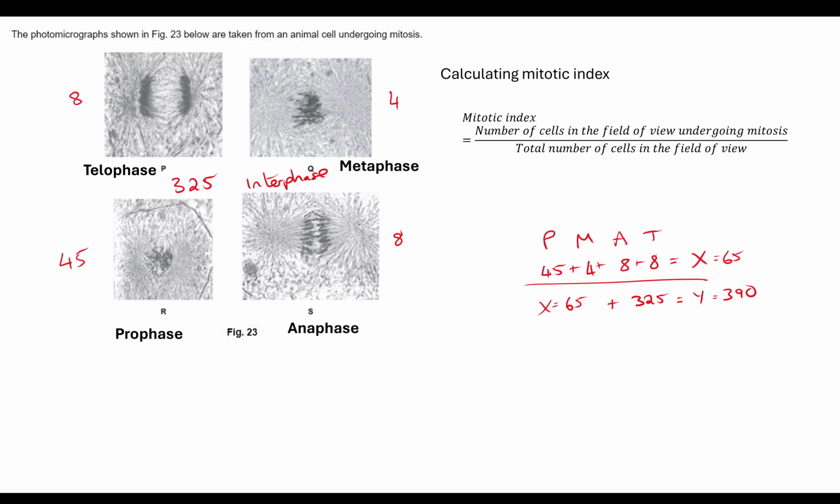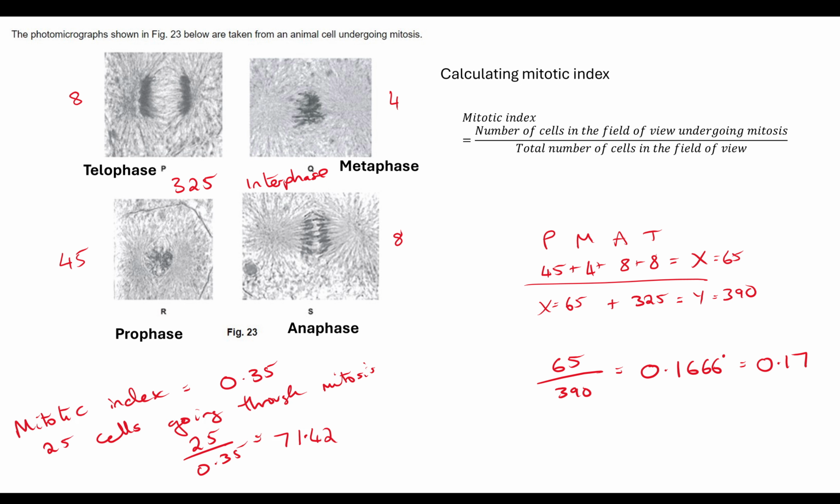I obviously have 65 plus my 325, so that gives me 390 total cells in my field of view. So I would then just divide those, and that would give me my mitotic index, which would be 0.17.